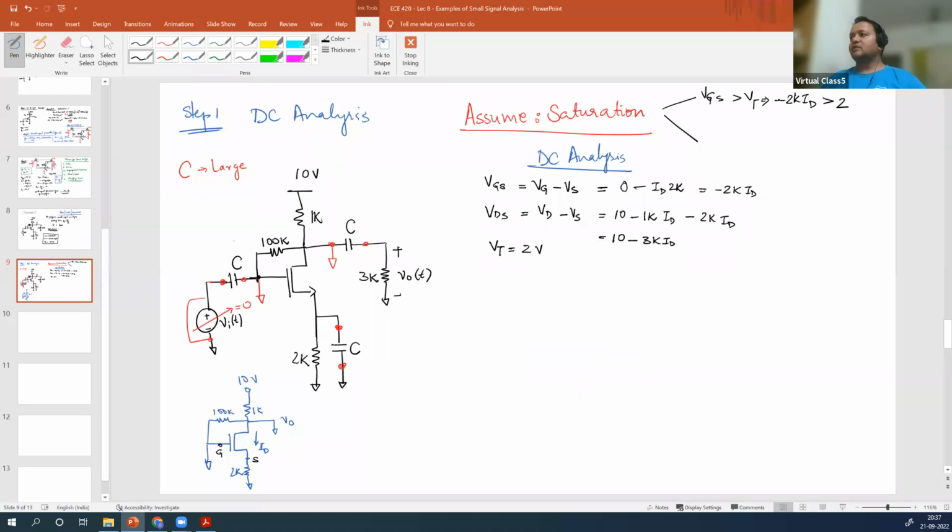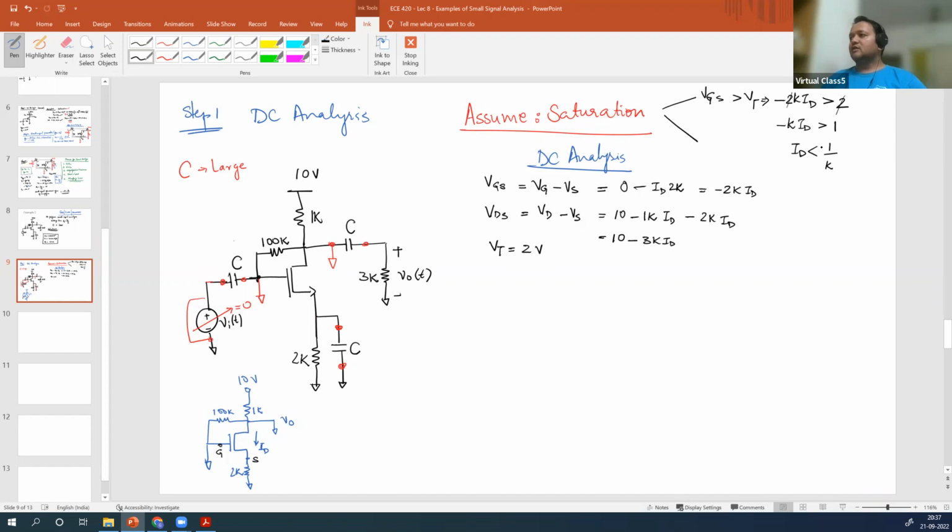What will happen? If you cancel 2 and 2 on both sides, minus K ID is greater than 1. Take the sign on the other side, the inequality changes, so ID is less than 1 over K.